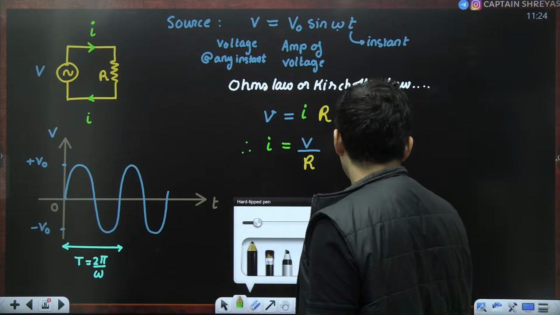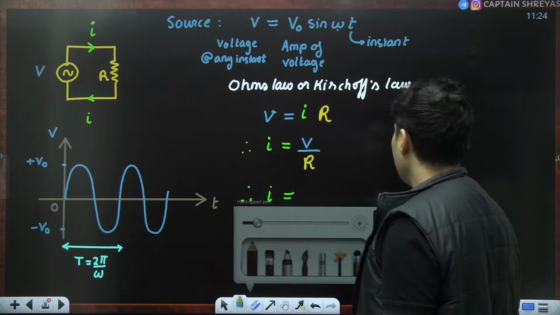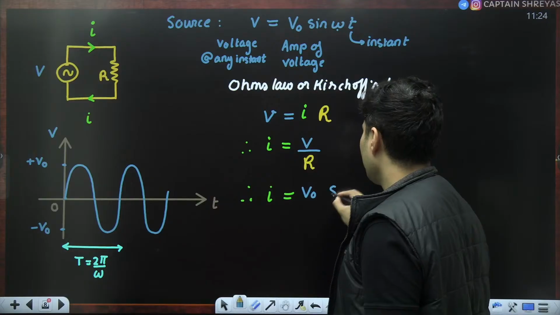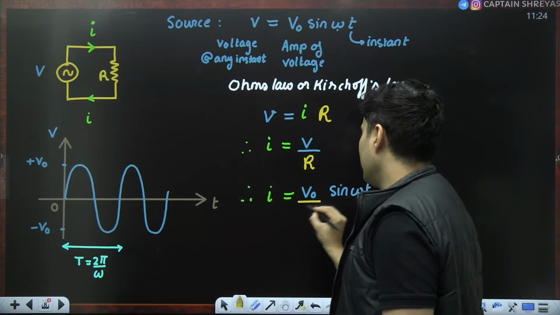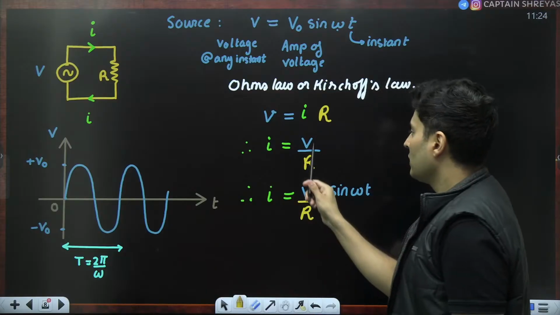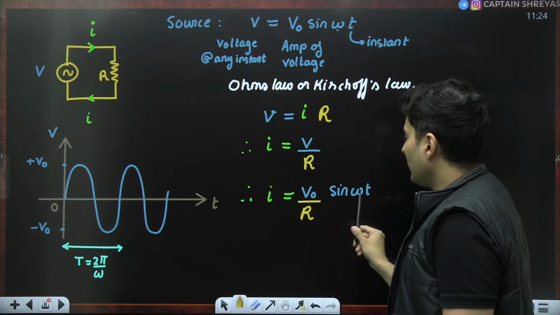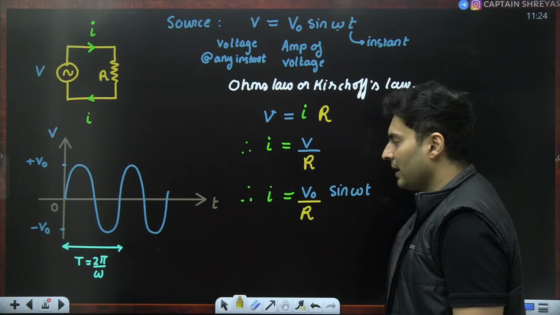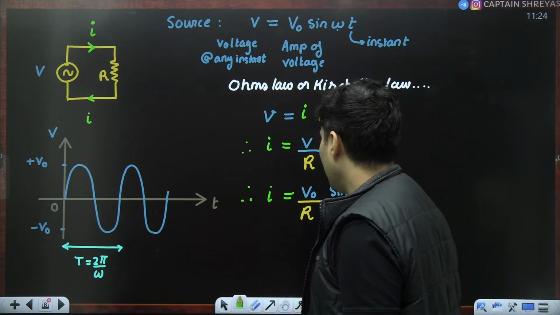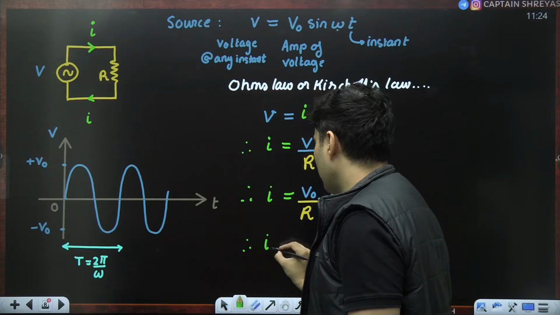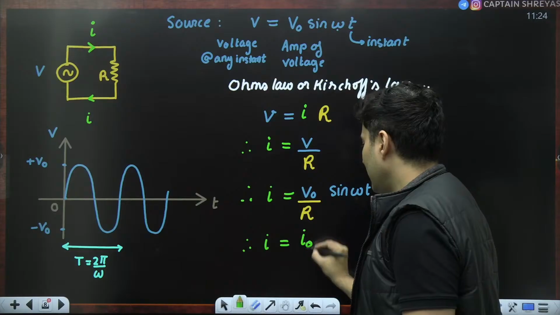But wait a minute, I already know the value of the voltage. The value of the voltage is V0 sine omega t, and the resistance stays over here as it is. So how about writing this entire equation in a simpler form? V0 divided by R is a constant, write it as I0.